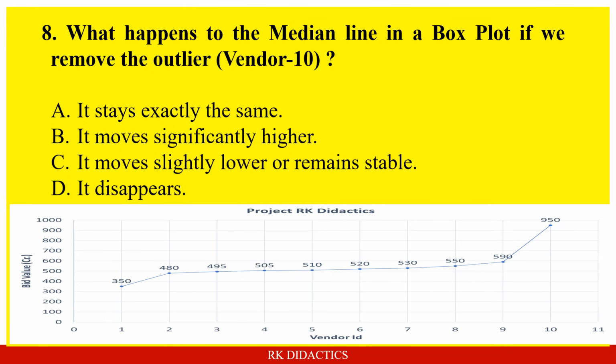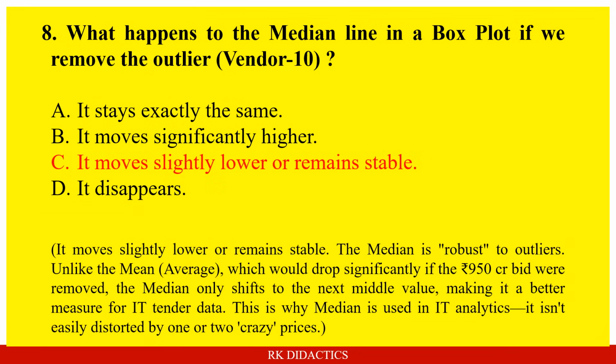Answer is, if we remove the outlier, that is vendor 10, the median line in a box plot will move slightly lower or remain stable. Why? Because the median is a robust figure and outliers do not have much impact on it. So when the outlier is removed, the median will not change much.